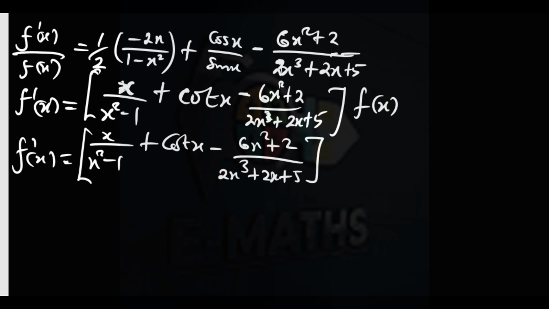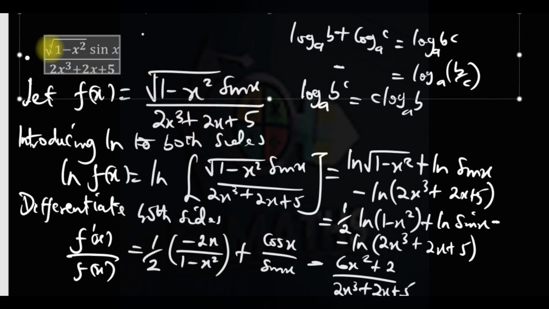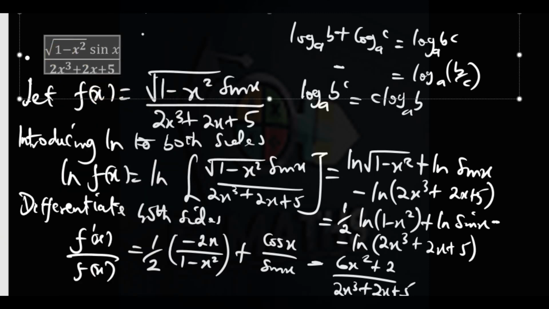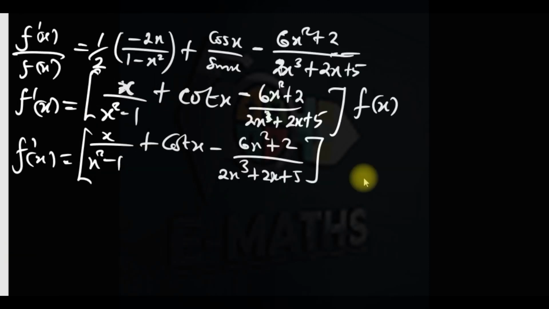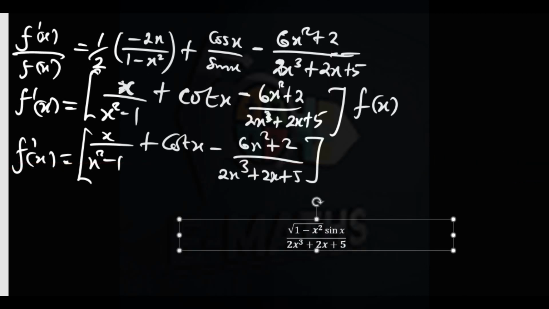Do you remember the value of f(x)? f(x) is the original function, which is this. It's the original function. Maybe let me just copy it. Okay, maybe let me just write.